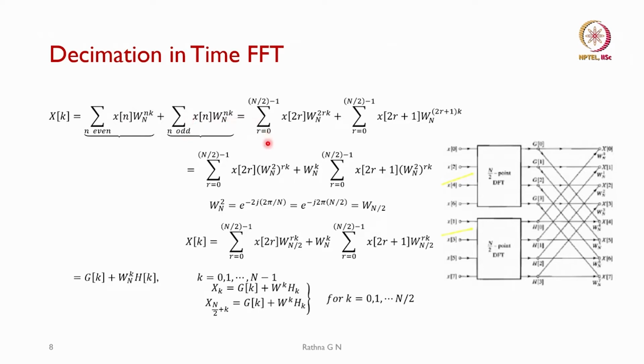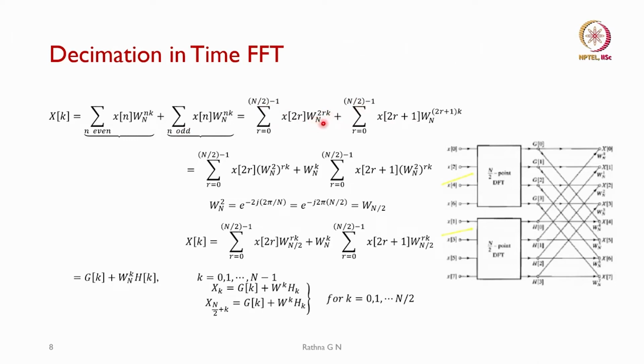Which is equivalent to r equal to 0 to N by 2 minus 1, x of 2r, here n is replaced with r basically. For even it is going to be 2r, for the odd part it is going to be 2r plus 1. So, this is N by 2 minus 1 and here also it is going to be N by 2 minus 1, and we have substituted n equal to 2r.